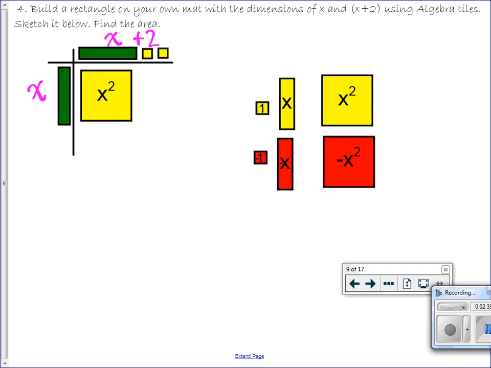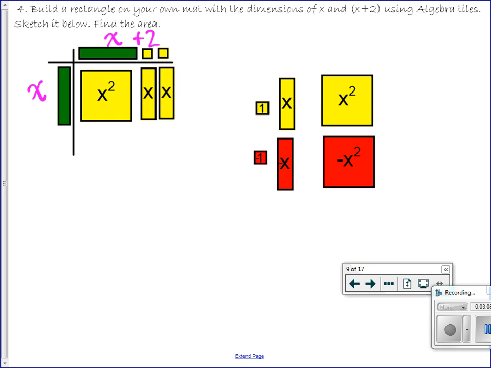Okay, so around the room, I saw a lot of that X squared in that spot. That is perfect. Now the next part is where I saw a little bit of confusion. What has to fit in that missing space here? It's a short column, but a longer row, which is what matches a dimension of a rectangle.